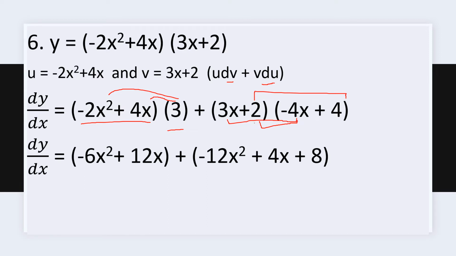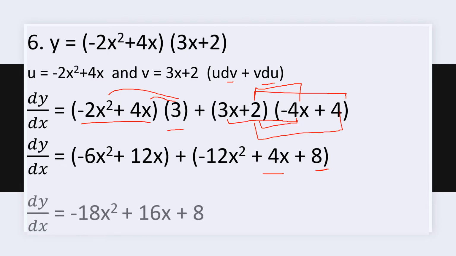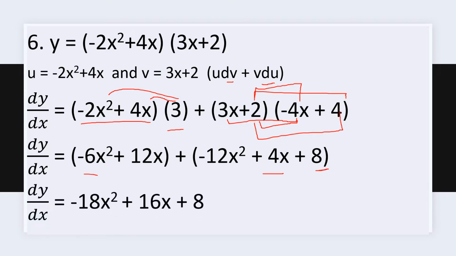Last, 2 times 4, 8. So it gives us positive 4x plus 8. Combine like terms: we have negative 6 plus negative 12, negative 18x squared. 12 plus 4, 16x, plus 8.